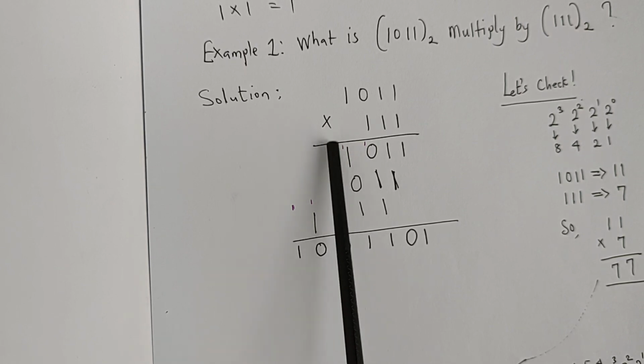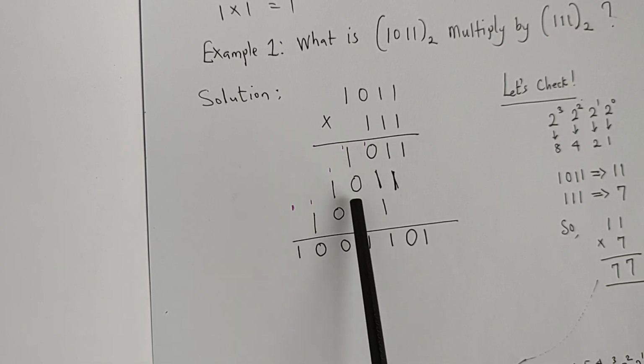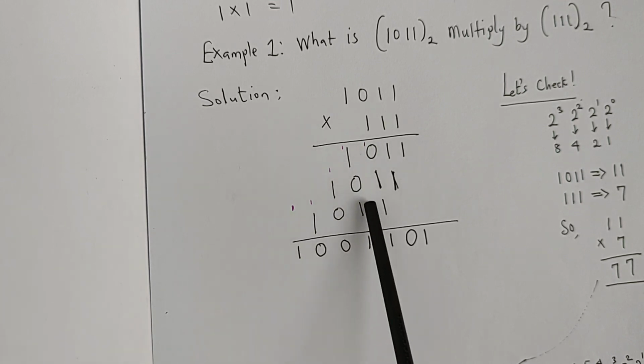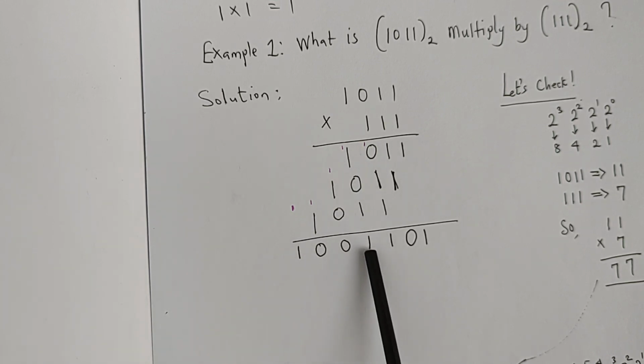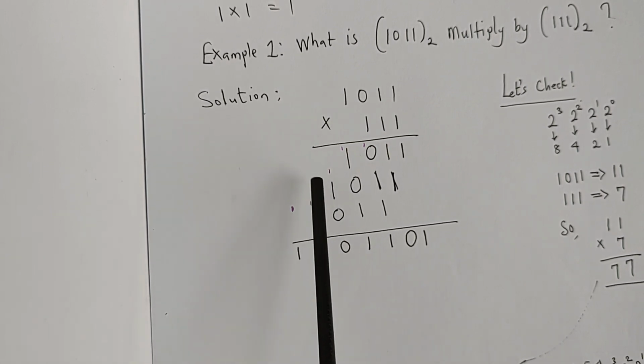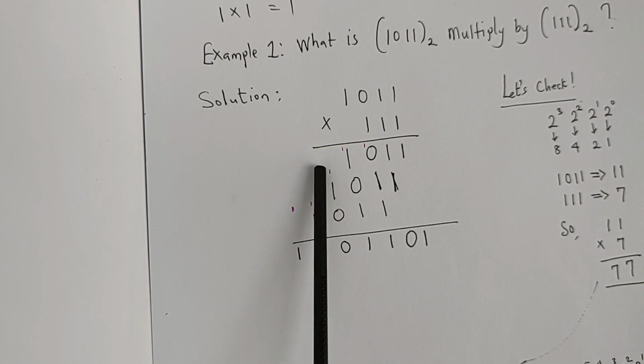So by the time we say 1 plus 1 plus 0 plus 1, it means we're going to have 3 1s, right? So we're going to have 1 with a carry of 1. So this little mark of the purple color indicates that we have a carry of 1.